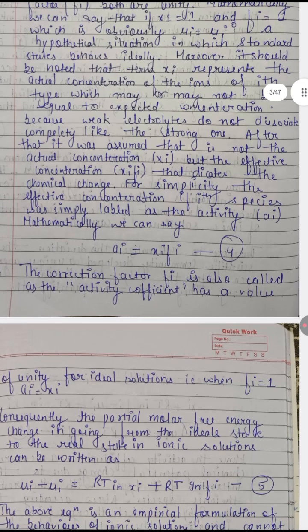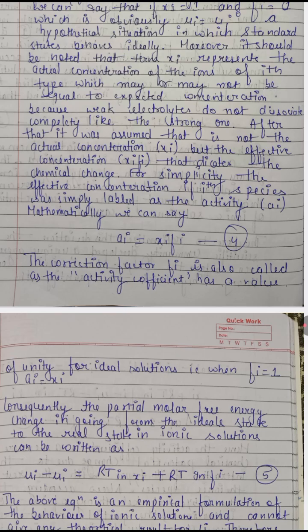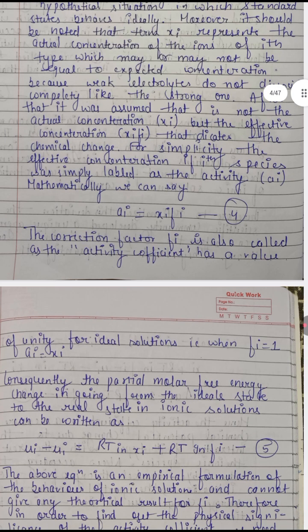Mathematically, we can say that if xi is equal to 1 and fi is equal to 1, which is obviously mu i is equal to mu naught i, a hypothetical situation in which the standard state behaves ideally.